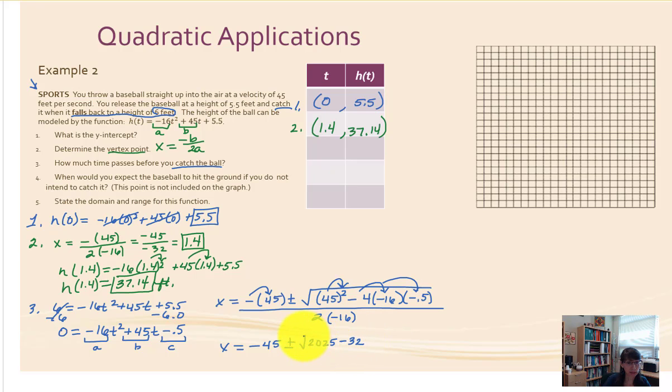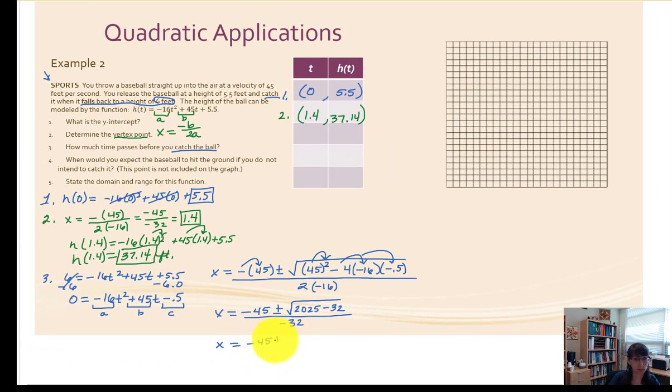So we'll be subtracting 32. Our divisor, 2 times negative 16, is negative 32. So now we have x equal to negative 45 plus or minus the square root of 2025 minus 32. And that's going to give us 1,993, all divided by negative 32.